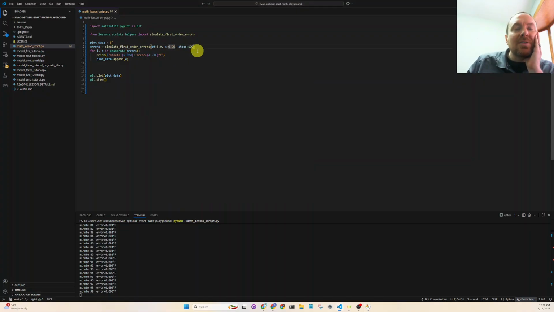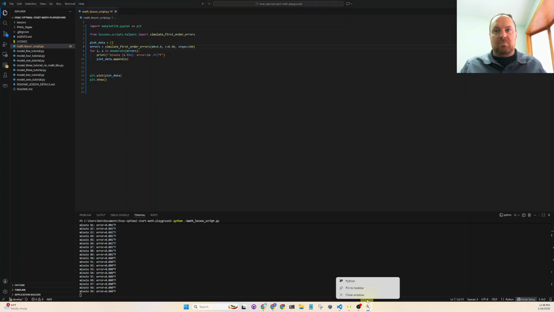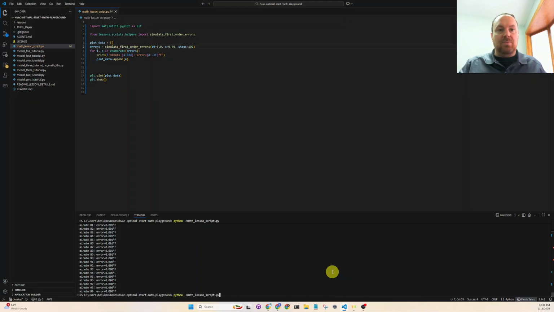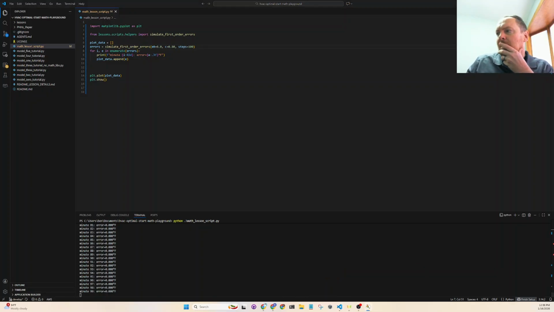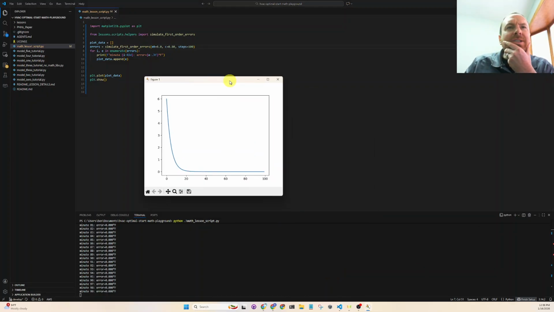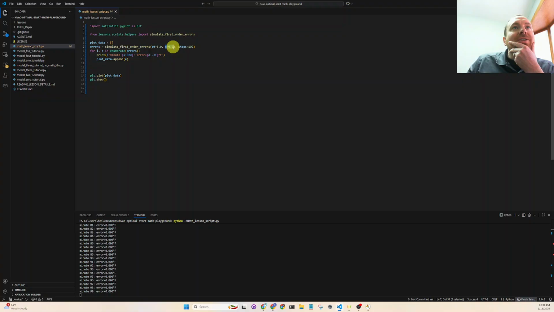So it's asking us to change that to a different value. Rerun. Ooh, yeah, different. So this got down here much faster. If this is trying to shoot for a set point, this lower value takes quite a bit longer.